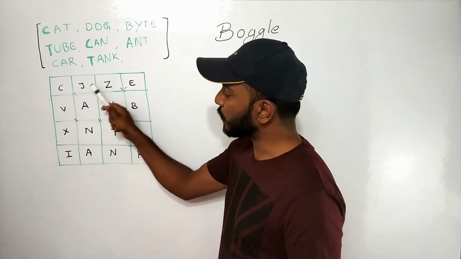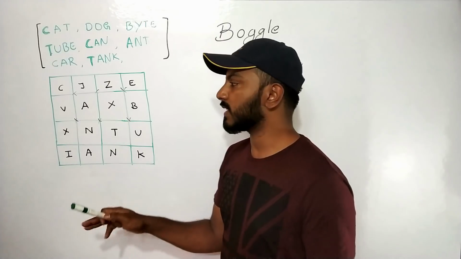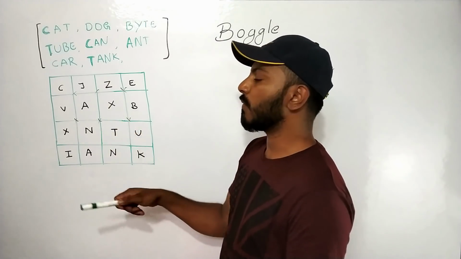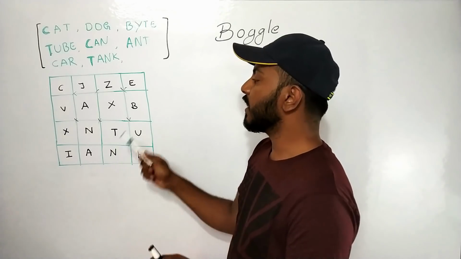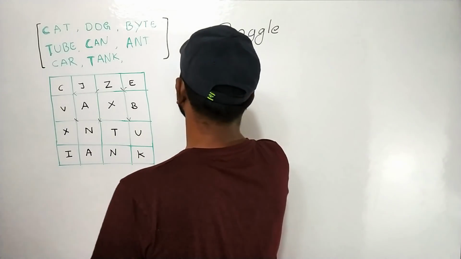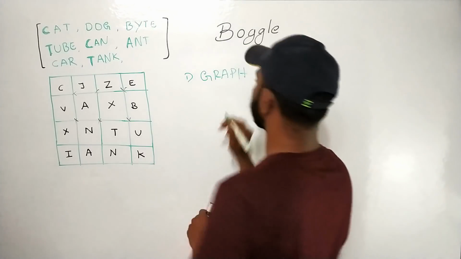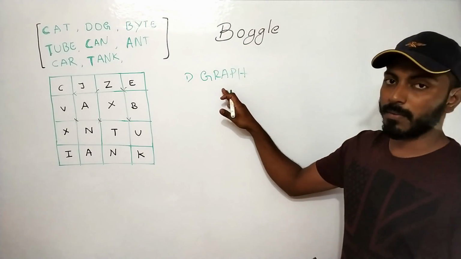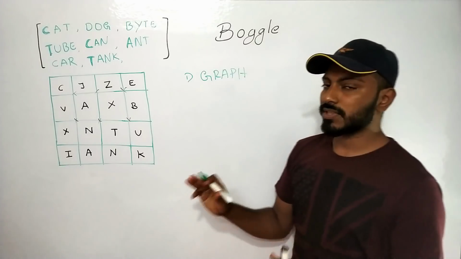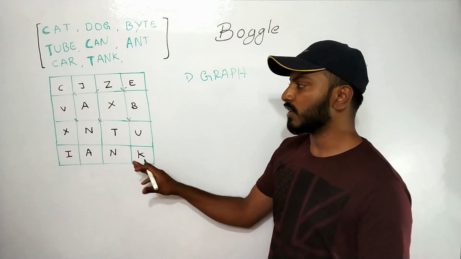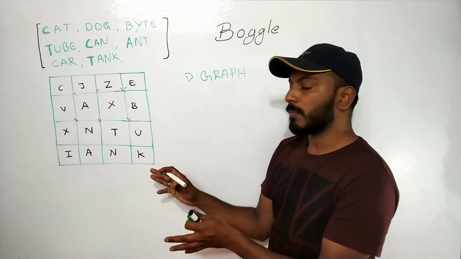So you can traverse in any direction. The only constraint is that you're not supposed to visit the same cell more than once. So the first problem is the graph problem.